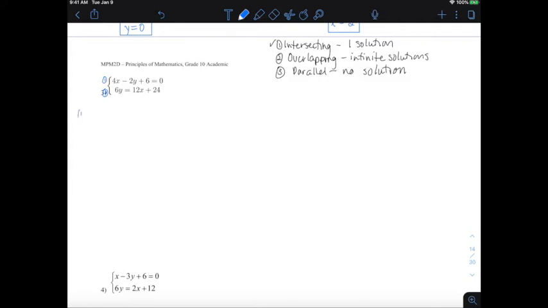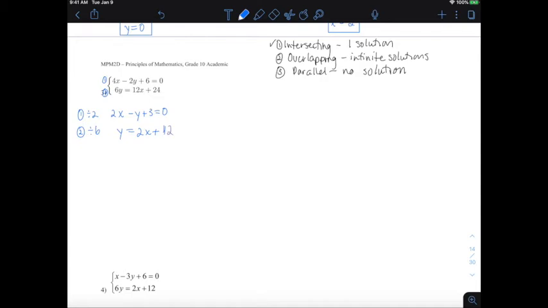So if I take equation 1 and I divide all the terms by 2, I actually get 2x minus y plus 3 equals 0. And if I look at 2 and I also divide that by 2, I get 3y. Actually, I can divide by 3, can't I? I can divide by 6. Okay, I'm going to get y equals 2x plus 12.